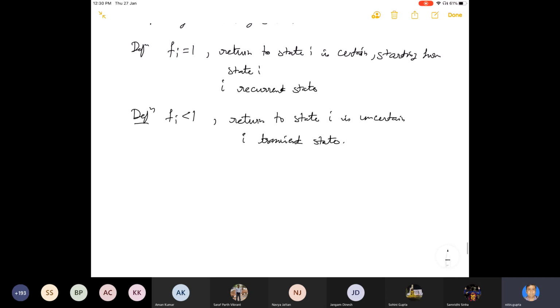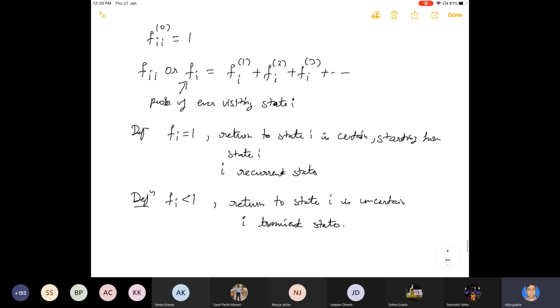So these are the definitions. Recurrent means return to state I is certain, that is F_i is 1. F_i is basically the summation of F_i1, F_i2 and so on, that means F_in, n from 1 to infinity. So if F_i is 1, then I is a recurrent state. If F_i is less than 1, then I is a transient state.